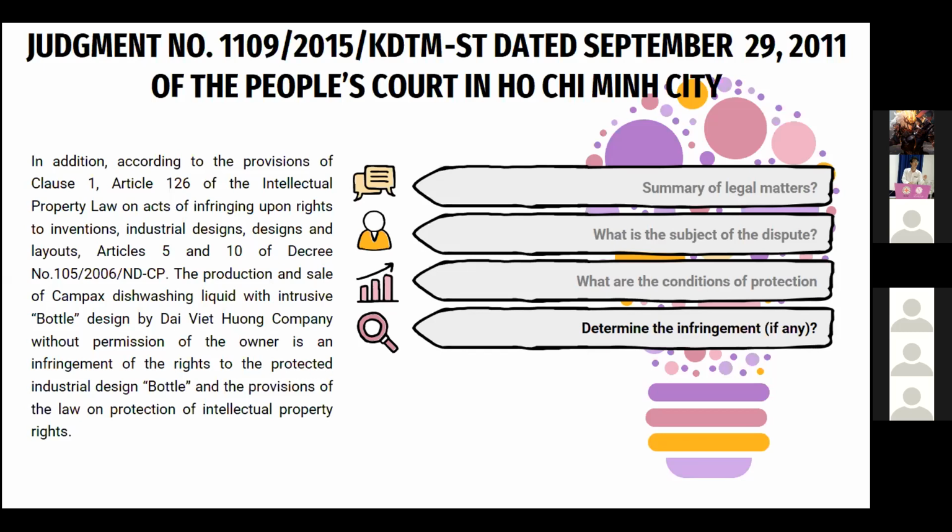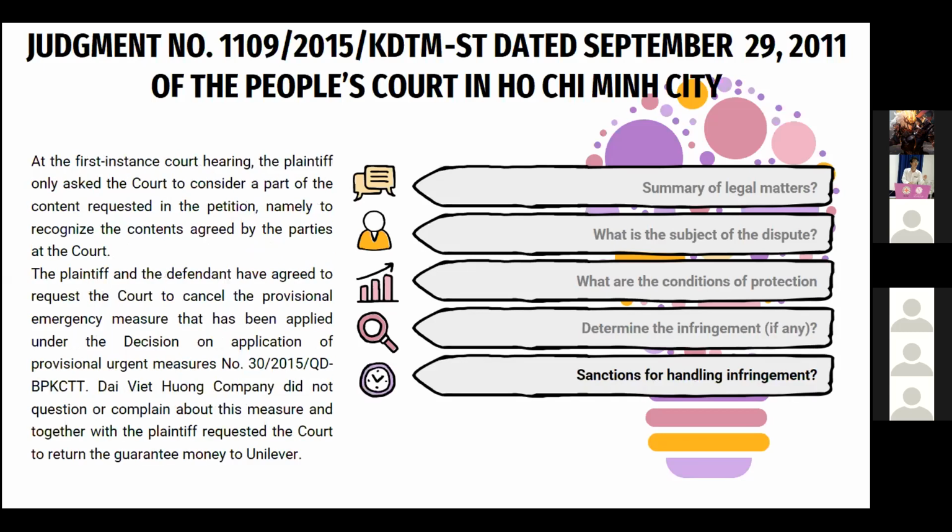Move to question 5. Sanctions for handling infringements. At the first instance court hearing, the plaintiff only asked the court to consider a part of the content requested in the petition, namely to recognize the content agreed by the parties at the court.